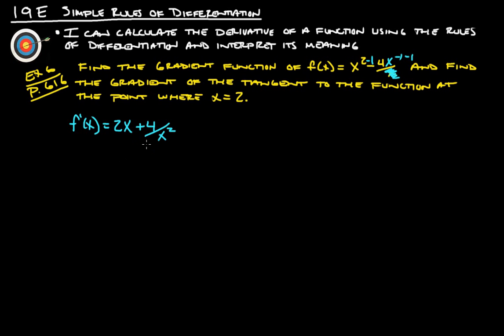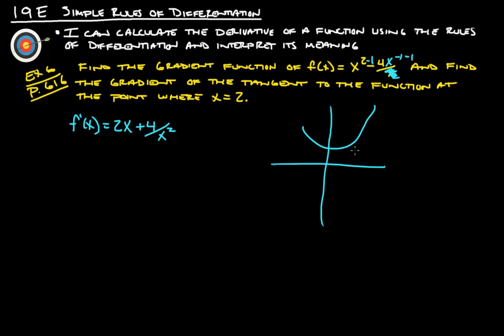Now that we have our derivative function, it's asking us to find the gradient, or the slope of the tangent to the function at the point where x equals 2. Just so you can get an idea of what we're doing, here's a not so pretty picture. Let's say the function looks something like this.